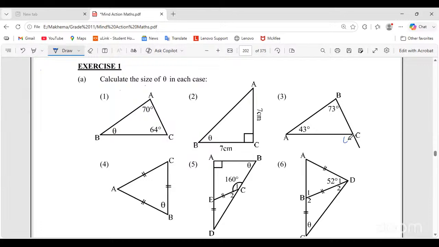Let's put our theta here, and we want to find the value of that theta. The first approach is to find this angle here, and then you will find the theta. So let's let this angle be beta. If this angle is beta, now we want that beta.